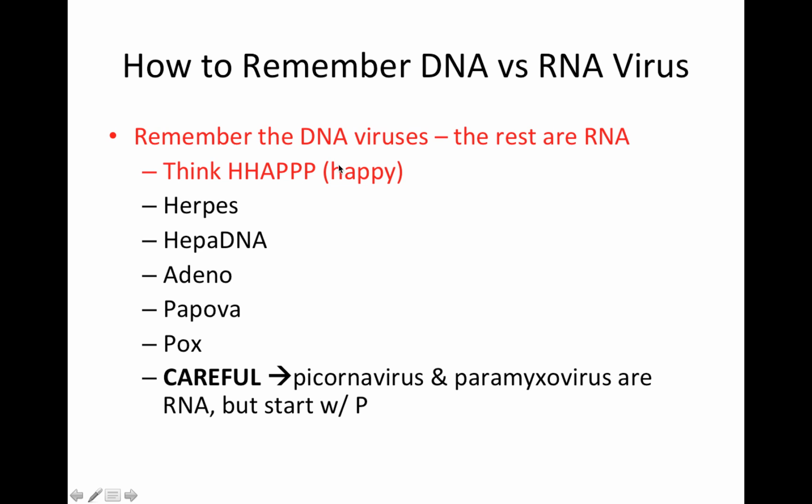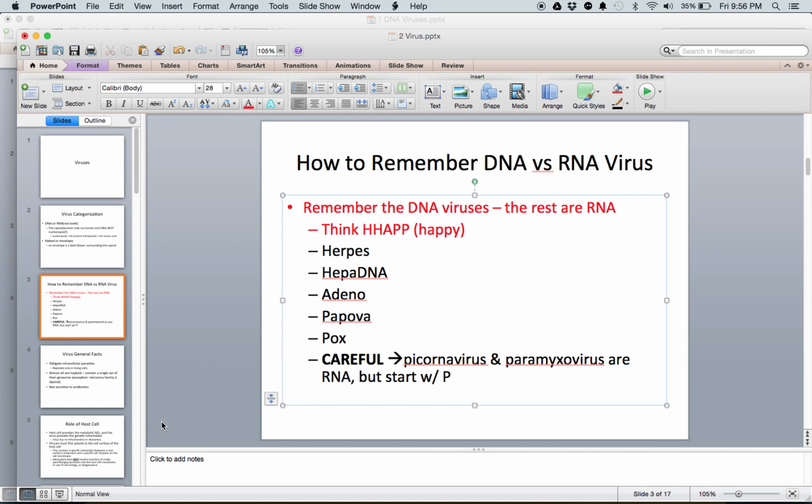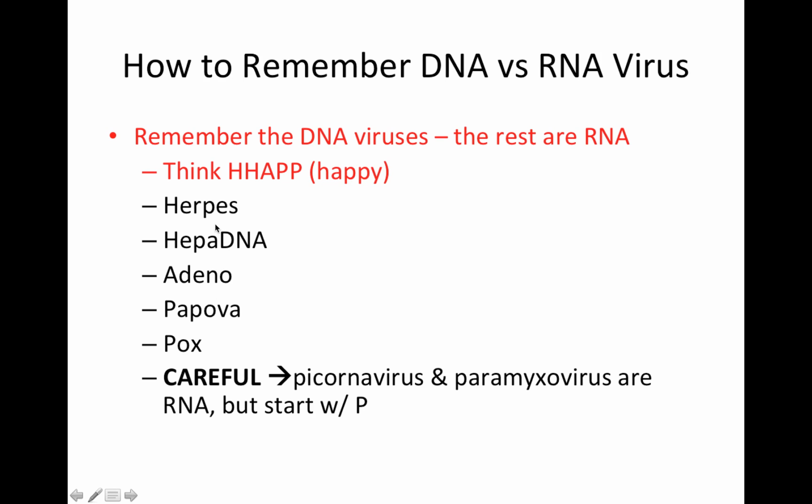To remember the DNA viruses, you're going to think HHAPP, happy. I've got one too many P's in there. So we've got herpes, hepadna virus, adenovirus, parvovirus, papovavirus, and pox virus.